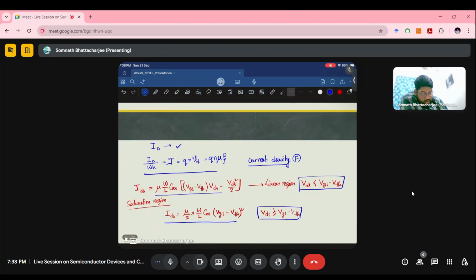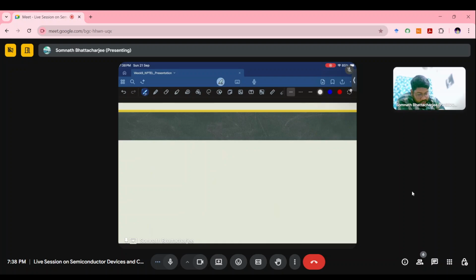Now, there is another key parameter known as the phenomenon called pinch off, and the thing we need to know more is the pinch off voltage. So what is a pinch off voltage?